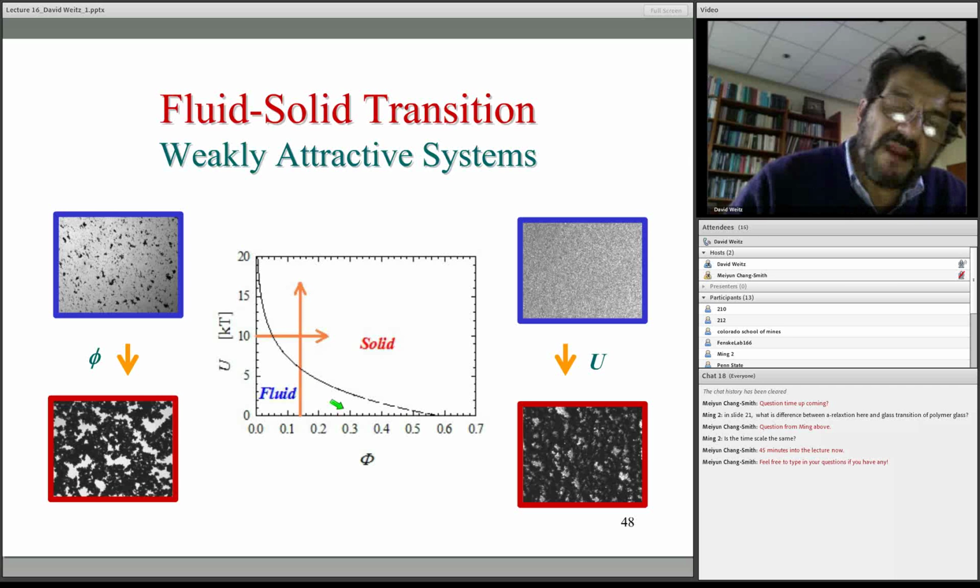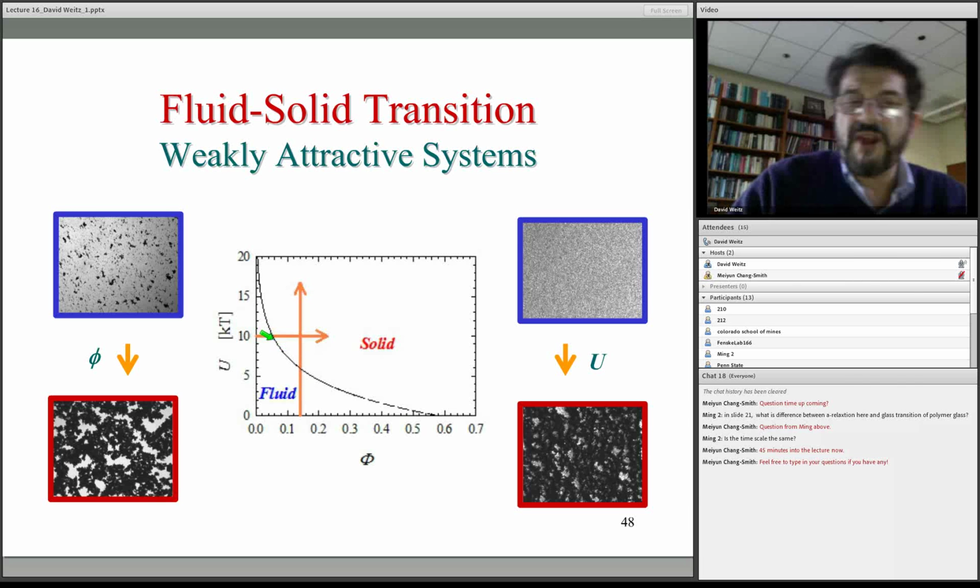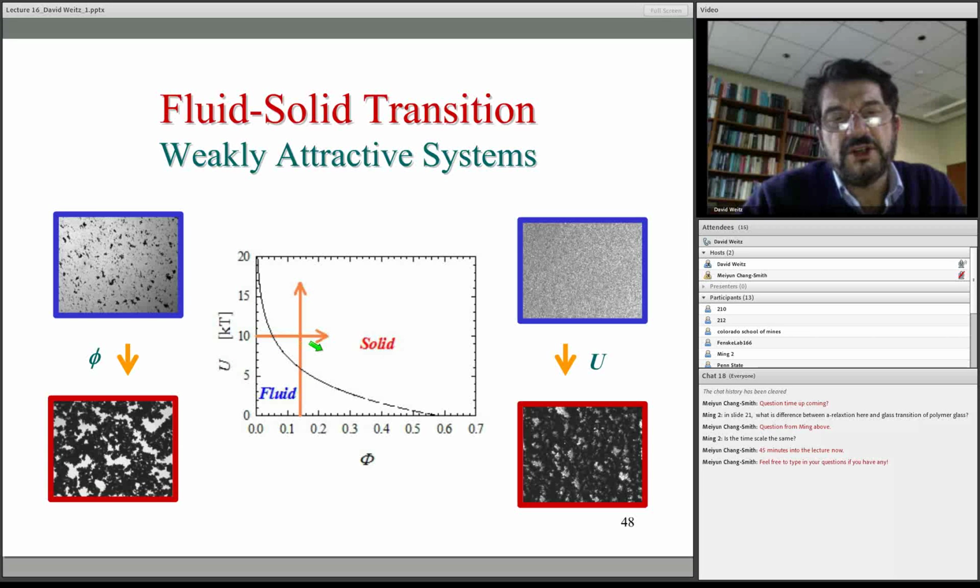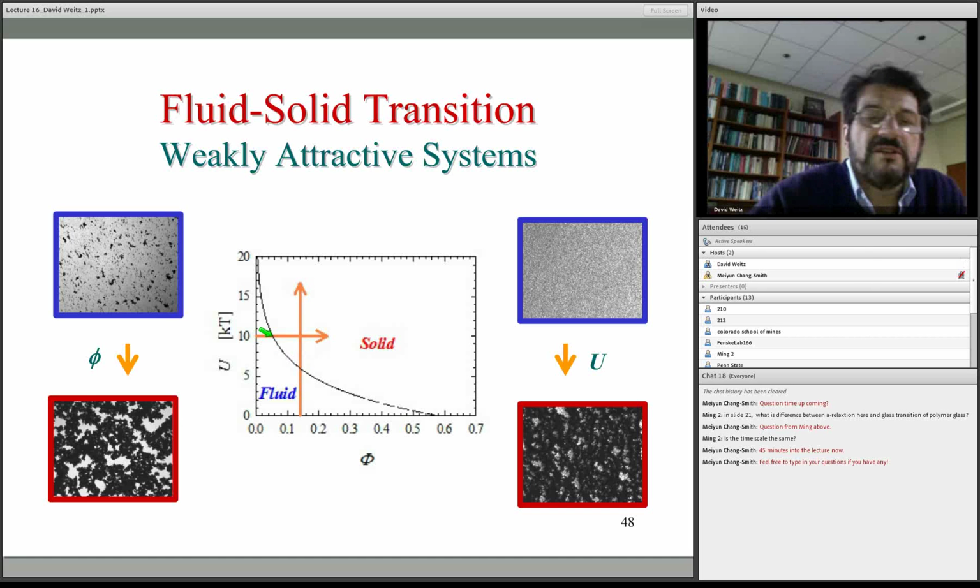There is some characteristic value, and I've shown cuts to identify that. I've shown cuts along a constant interaction energy where I change the volume fraction, or a constant volume fraction where I change the interaction energy. And there is a well-defined point shown by this scaling behavior where you see this crossover. So this line is absolutely well-defined.